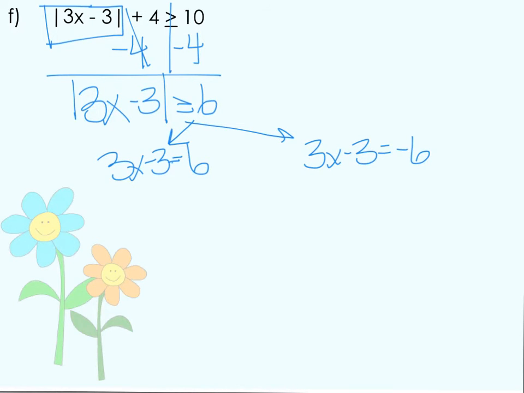Notice as we're doing this one, we didn't change this here at all. We took 10 minus 4 to get the 6. And I did forget, because I know the answer to this one, to check that this should be a positive. If this 6 was a negative, we'd have to determine if it was all real numbers or no solution.